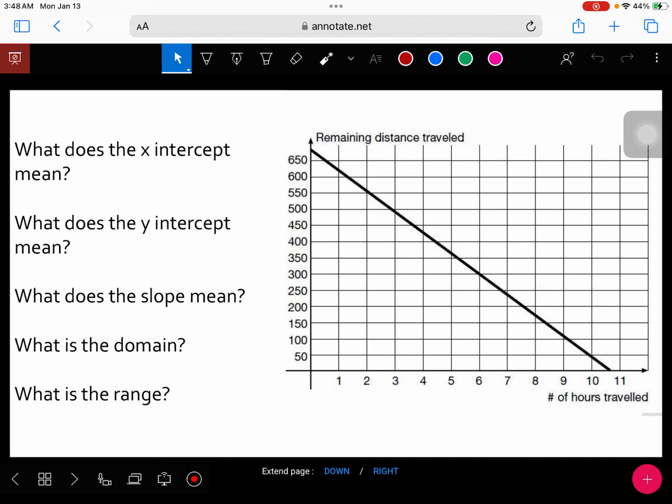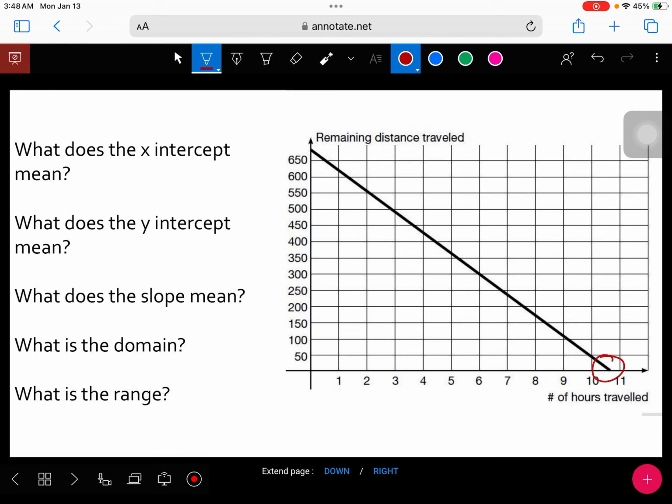Okay, so you can turn the video, hopefully you turn the video back on. What does the x-intercept mean? All right, the x-intercept is where the graph intersects with the x-axis. So we're talking about this right here. And this is the number of hours traveled.